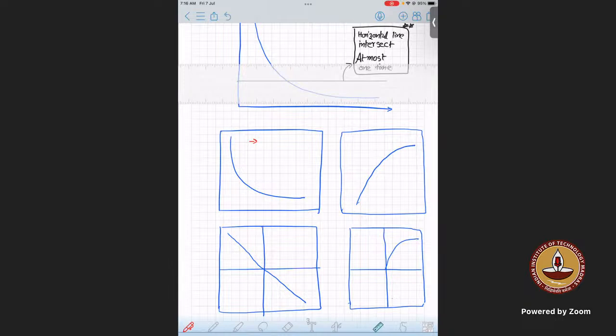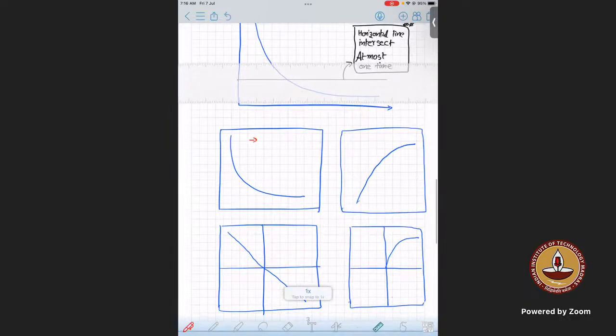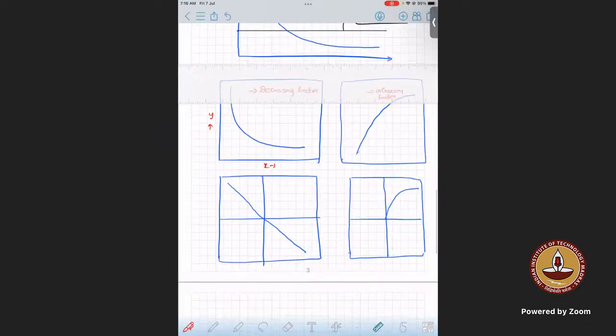Observe these graphs carefully. What is this graph like, with x-axis and y-axis? Decreasing function. Agree? Yes, sir. This is an increasing function. What is this? This is also a decreasing function.